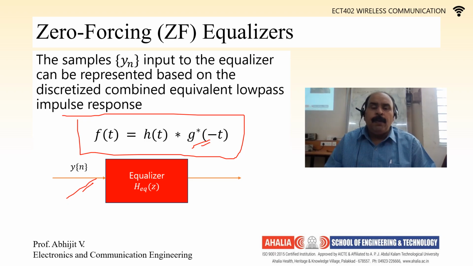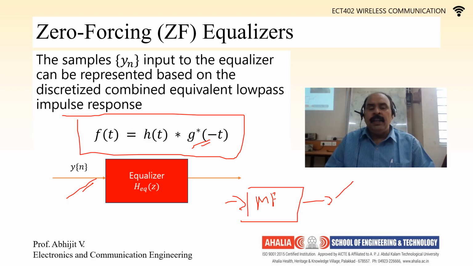You remember the block diagram which we have studied now? From the matched filter, the output is further sampled. So you get y[n]. This is the output here, y(t). Okay?